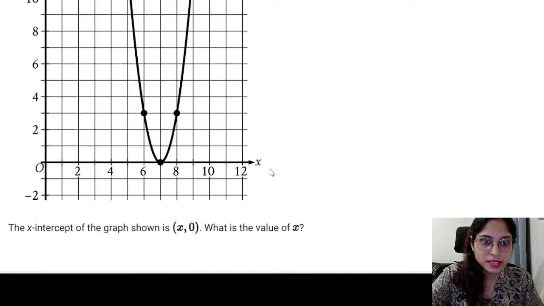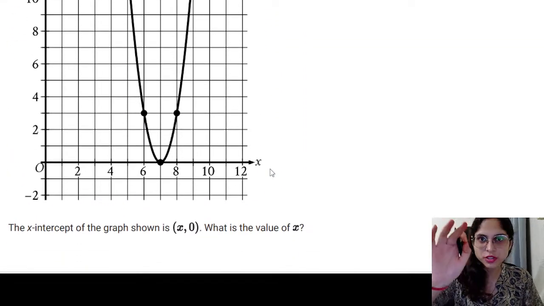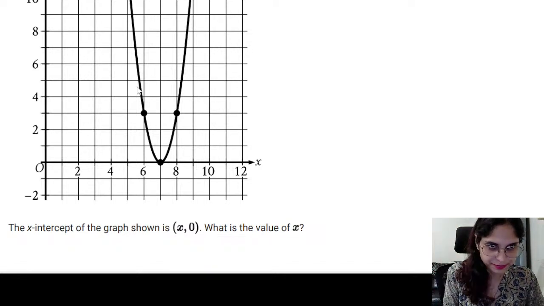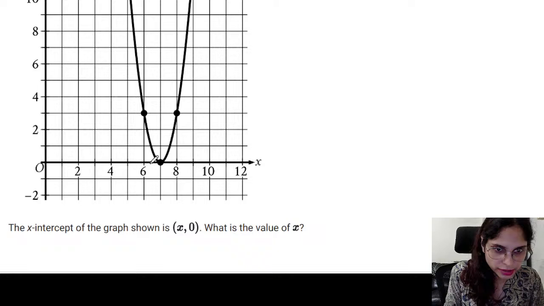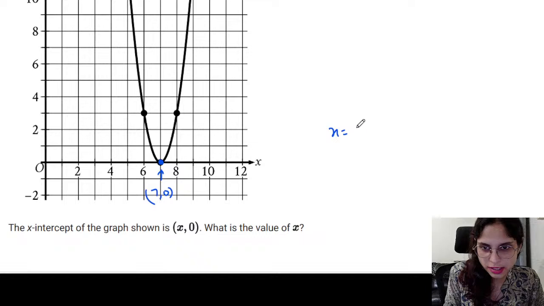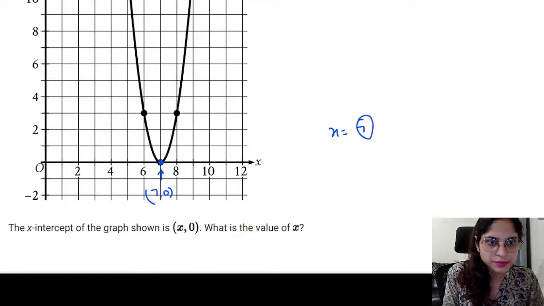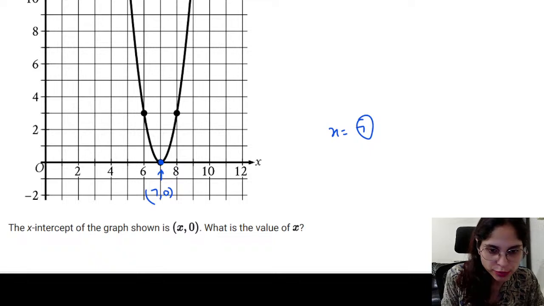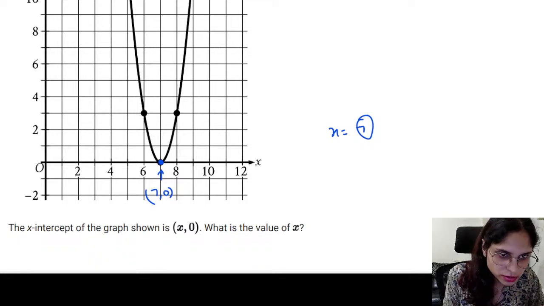So you can see the x-intercept is the point which cuts or touches the x-axis. So over here this is going to be my x-intercept, and this point is 7, 0. So the value of x is 7. So 7 is my answer. Okay, so this is also a pretty fair question. You just have to know x-intercepts are x, 0 and which touch the x-axis or cut the x-axis, either of those.